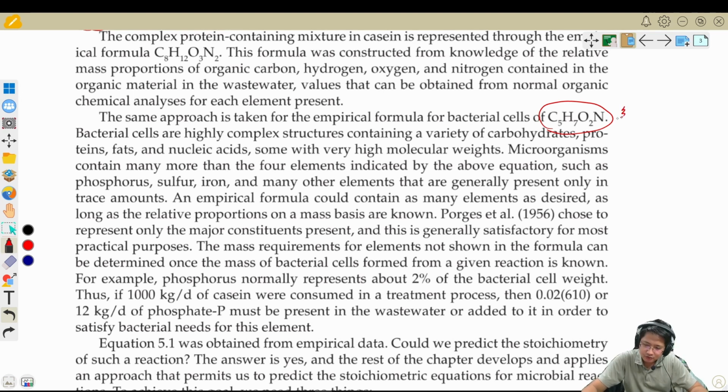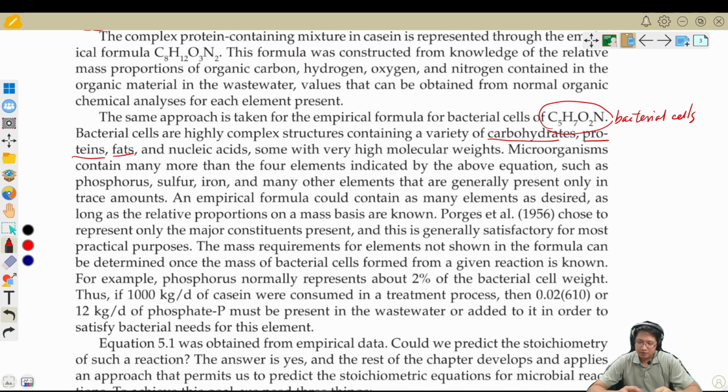This is generally used for bacterial cells, which consist of high molecular weight molecules like carbohydrates, proteins, and also fats, combined together into an empirical formula that describes the bacterial cells.